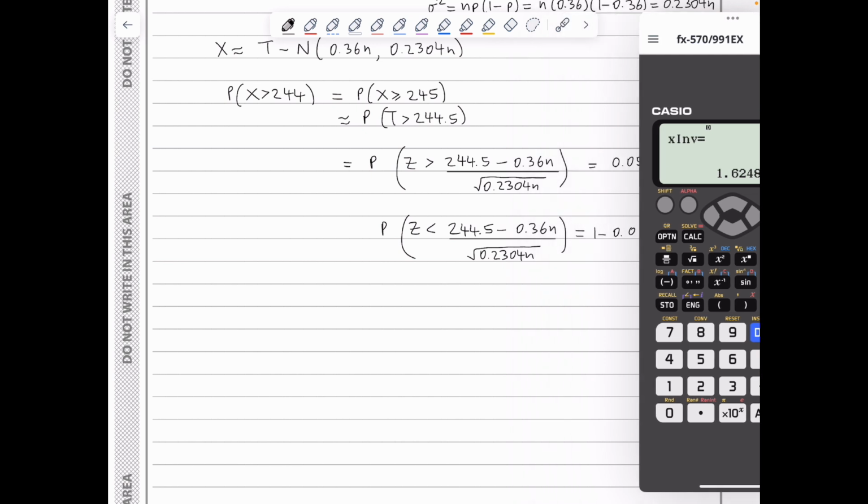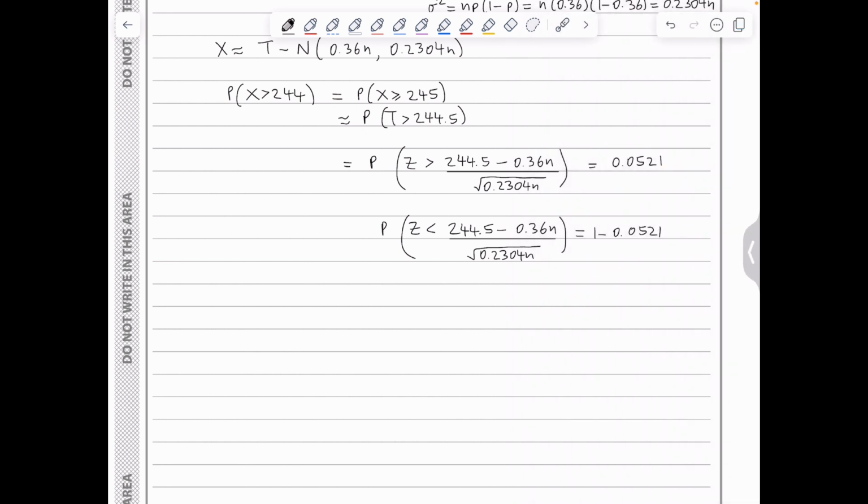So this means that 244.5 minus the 0.36n over the square root of 0.2304n is equal to 1.6248..., which we have stored on A.